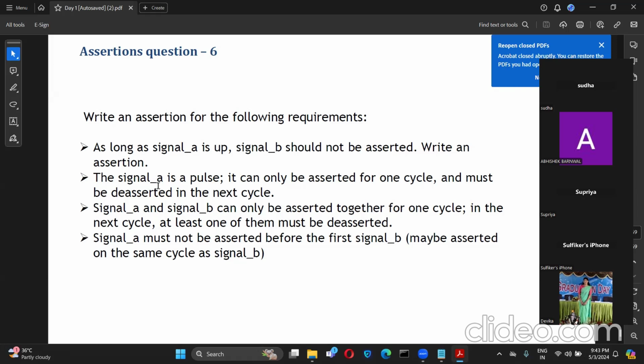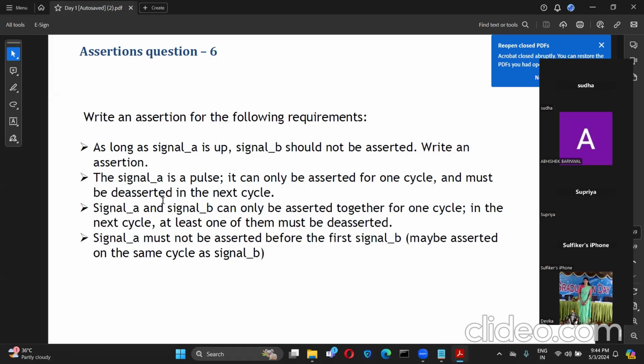So I can take $rose of signal A, which will detect the condition of signal A going from 0 to 1. Once I get that condition, then at the next edge it will check. For one clock cycle, I can use an implication operator. When I use an overlapping implication operator, I can take ##1 one clock cycle after that, and then check that signal A has got de-asserted or not.